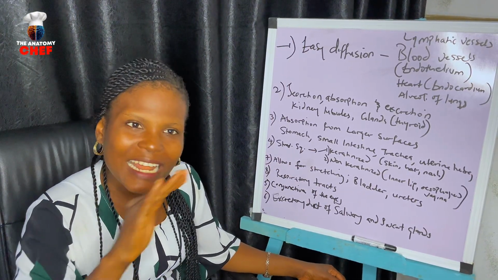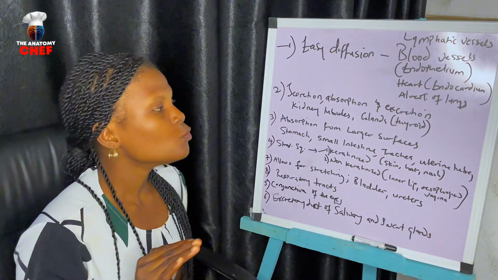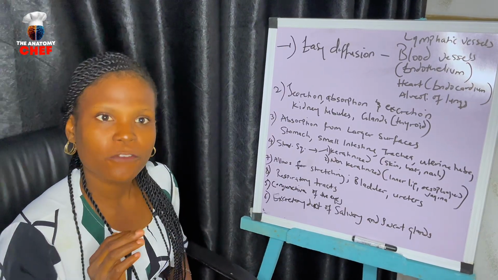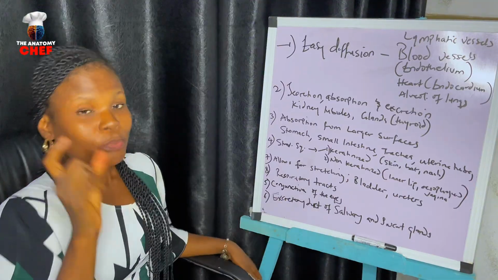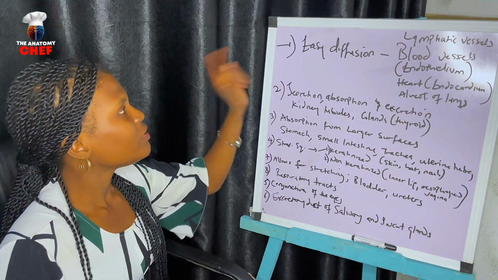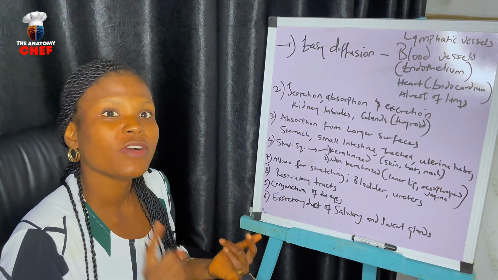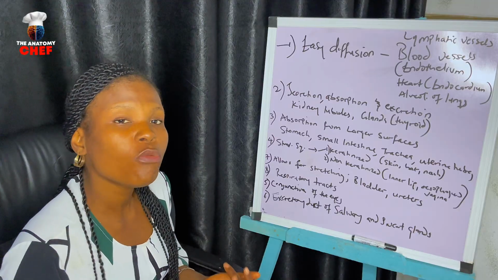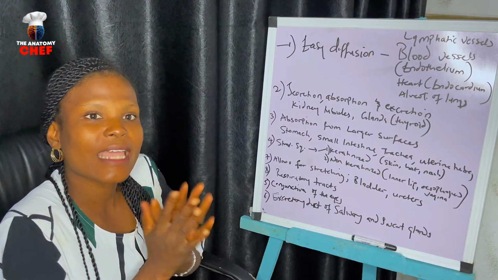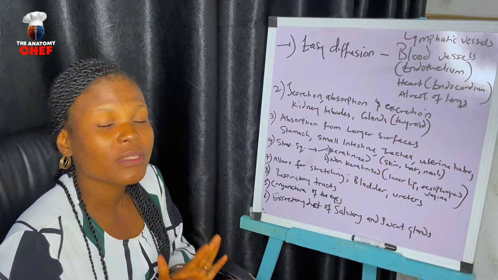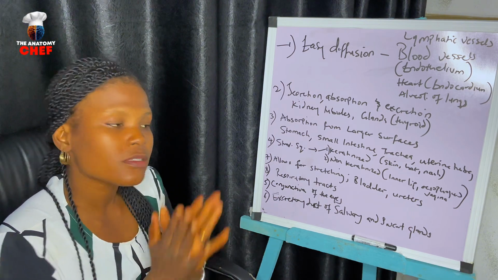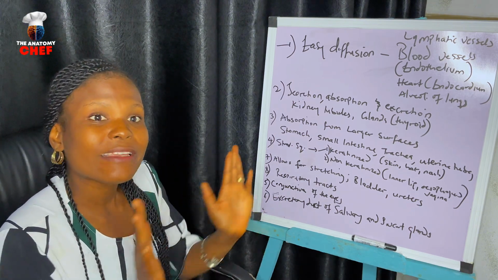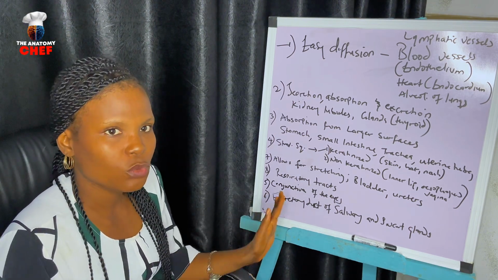Remember, it is a flat cell, so it requires ease of diffusion. So basically it has to be for easy diffusion. That's where you find simple squamous epithelium. It's always found in regions that aid diffusion, in organs and structures that require ease of diffusion.